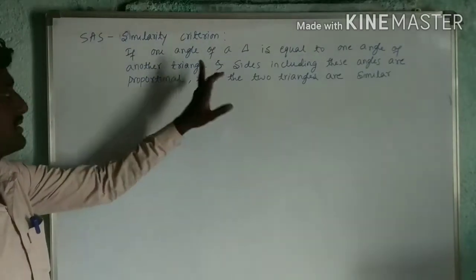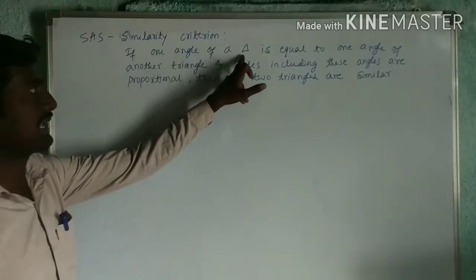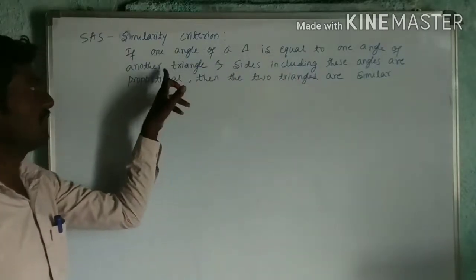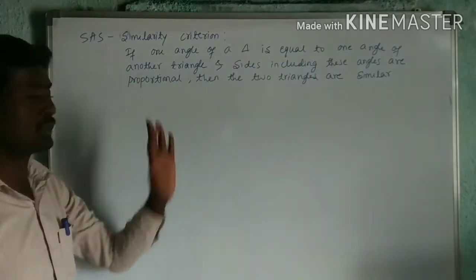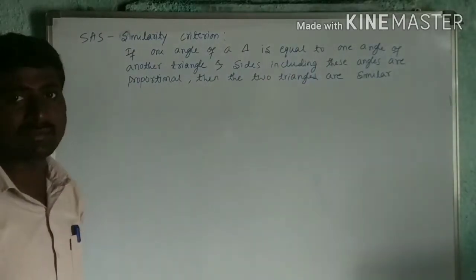You write this statement. If one angle of a triangle is equal to one angle of another triangle and the sides including these angles are proportional, then the two triangles are similar.